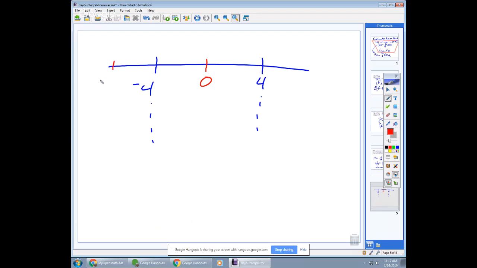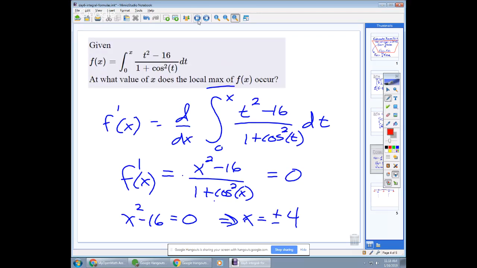So maybe over here I might put -5, and over here I might put 5. And all I care about is what's the sign of f prime of x. And actually, I think I'm going to pick different numbers. Let me see. Well, I guess I'll just stick with 5. 0 is easy. Let's do that one. So if I plug 0 in, I get -16 in the numerator.